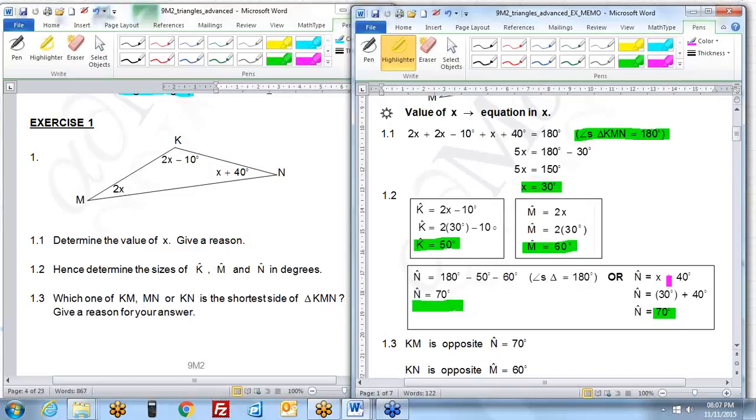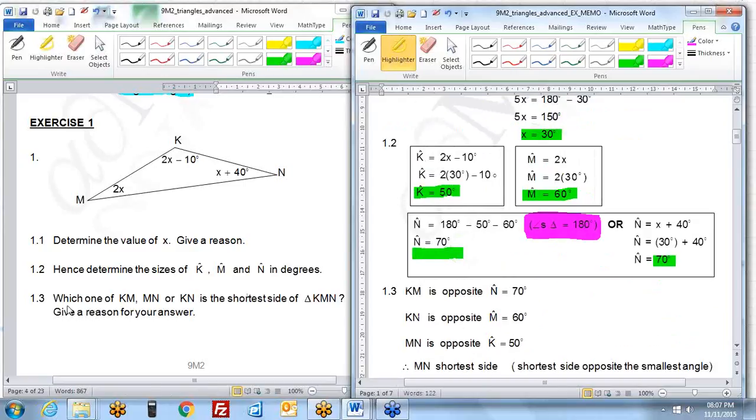It wasn't just a straightforward substitution like where you say angle M equals 2x and then substitute the x with 30. So you have to give this reason. This is additional stuff that you have to write down.